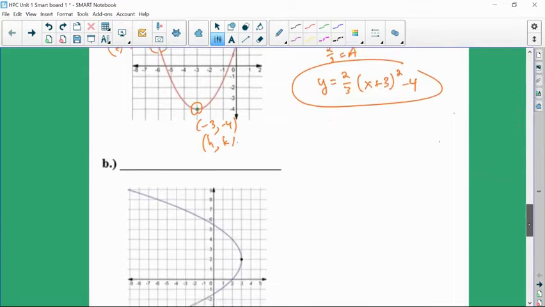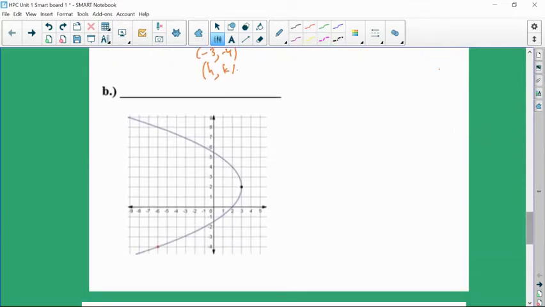Now you could do the same thing here, even if your parabola opens sideways, right? We know our vertex is here, which is 3, 2. So even though this is opening sideways, when you write an ordered pair, it's still x, y. It's still 3, 2. It's still over 3 and still up 2.